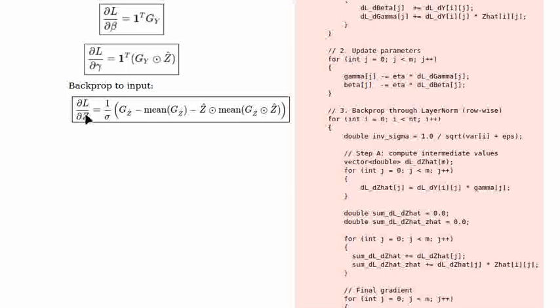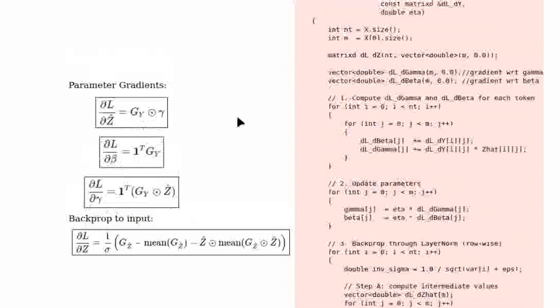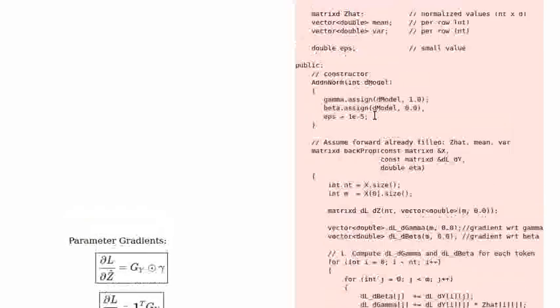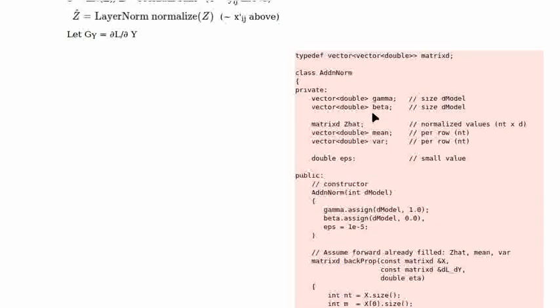Okay. dL/dc hat, the same as dL/dc, is equal to 1 over sigma times gc hat minus the mean of gc hat minus c hat element-wise multiplication with the mean of this. Yeah. So these are the equations, and this is the implementation.